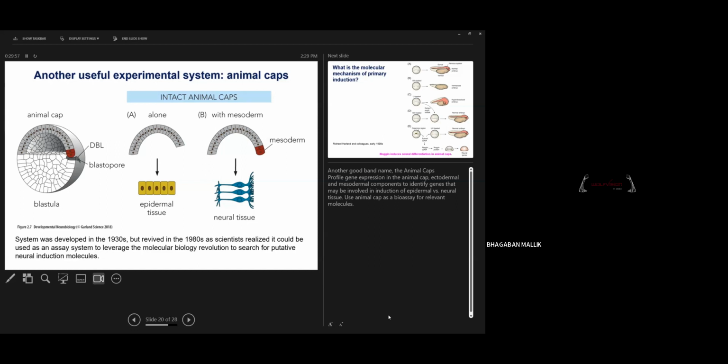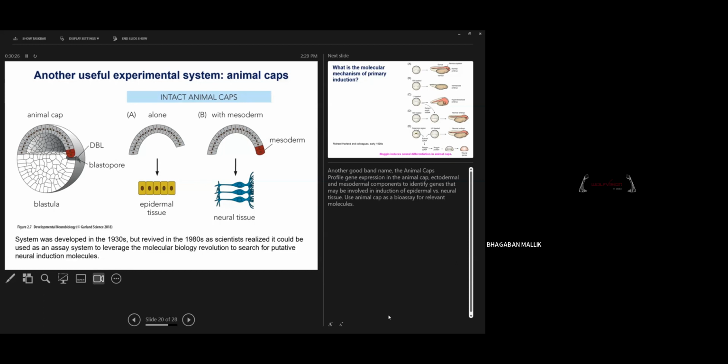When they culture this animal cap after removing the mesodermal layer, it develops into epidermal tissue. But when the mesoderm is present along with the animal cap, it develops into neural tissue. That means the mesoderm is giving some kind of signal to the animal cap that differentiates it into neural tissue.